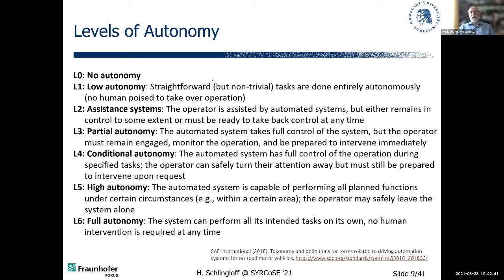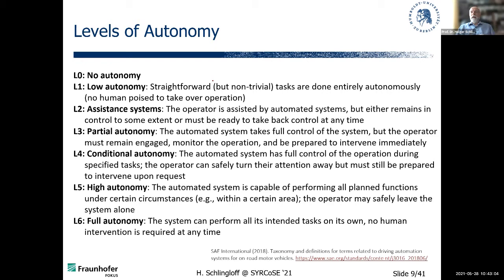Then you have partial autonomy, level 3, where the automation system takes full control of the technical system, but the operator must remain engaged. That is like a steering assistant, which you find in sophisticated cars nowadays.